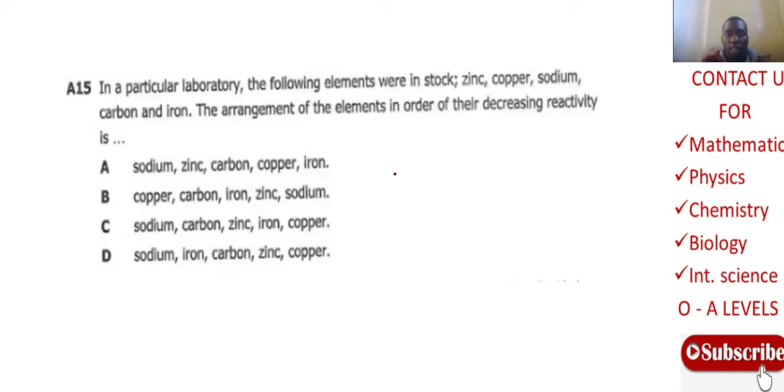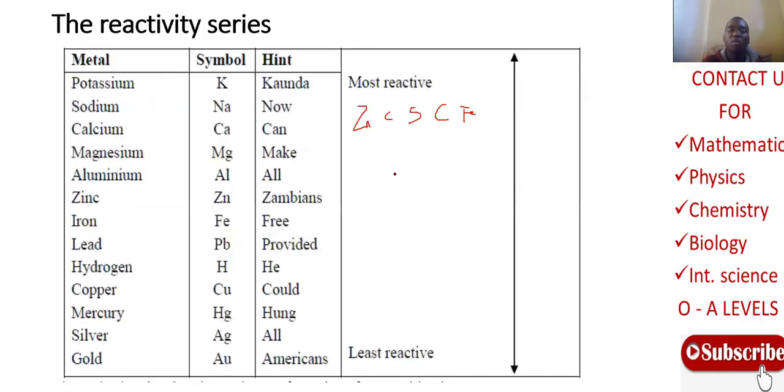In order of what? In order of decreasing reactivity, so we are starting from the highest to the lowest. From here, we know this one is sodium, Na. Definitely sodium is the most reactive when you check.